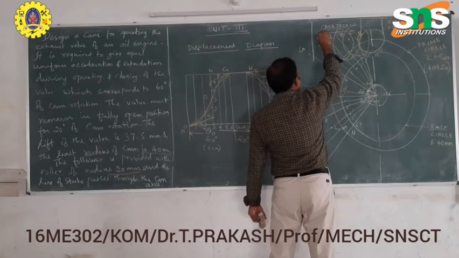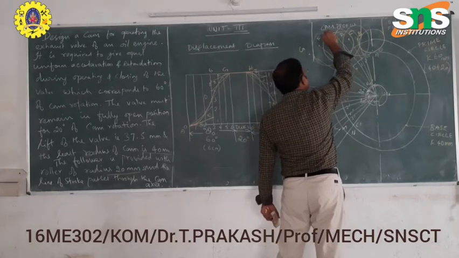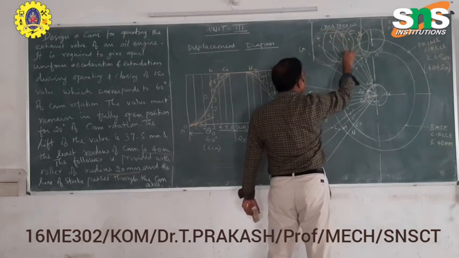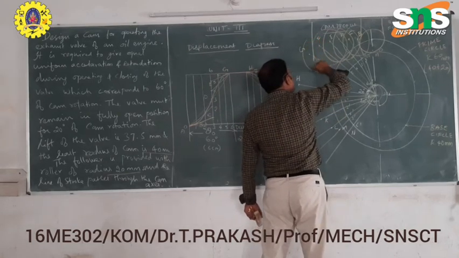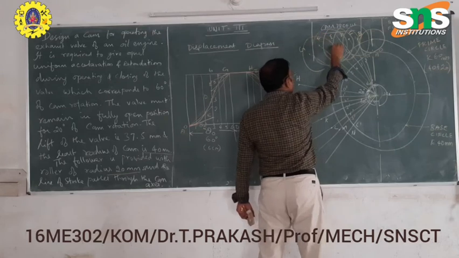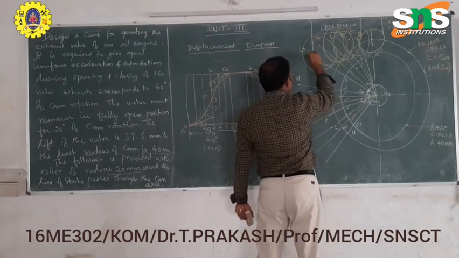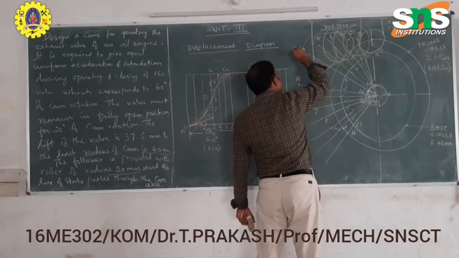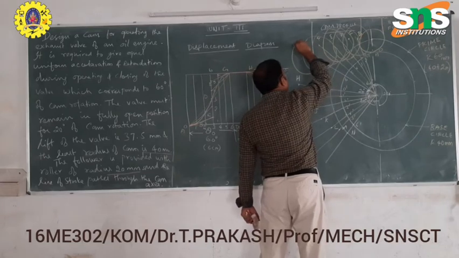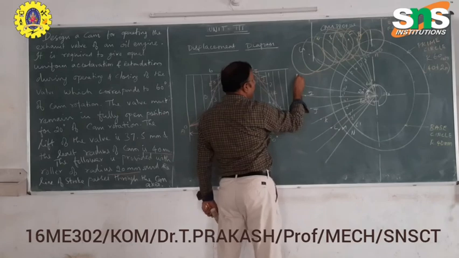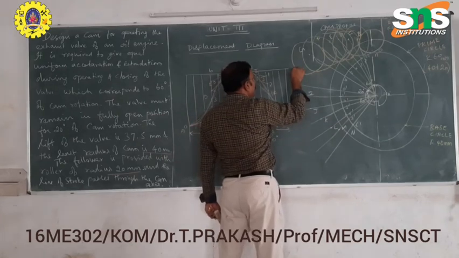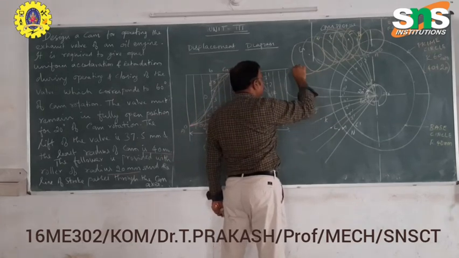Then at E point, then F point, then at G point, it will be very nice to see this picture. Then at H point, draw the circle of 20 mm.